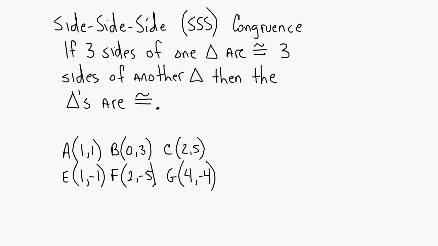And you're asked to graph both triangles. Use your graph to determine if the triangles are congruent. So since we just talked about side, side, side congruence, you're asked now to graph both of these triangles and determine if they're congruent. Alright? So, graph the triangles.